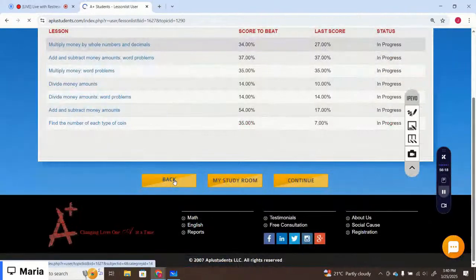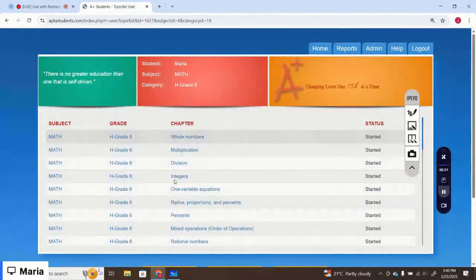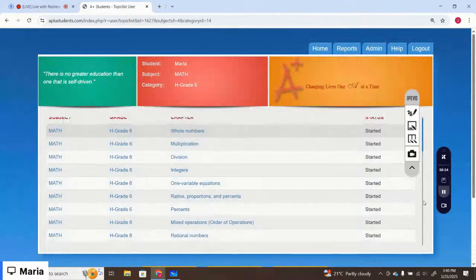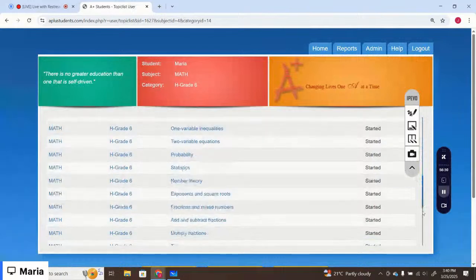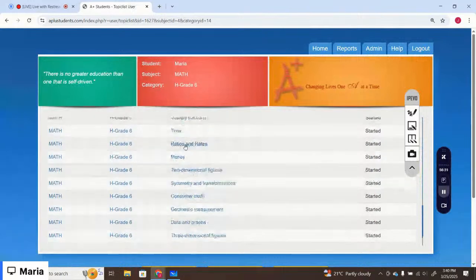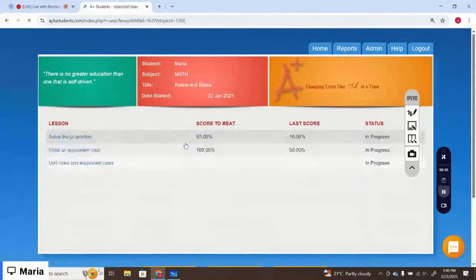The lessons we have covered in the chapter are solve the proportion and write the equivalent ratios.